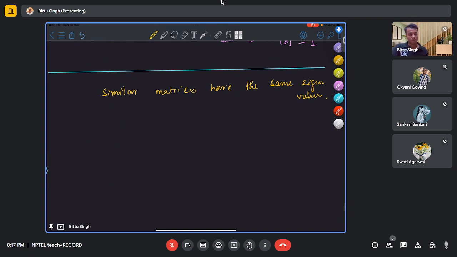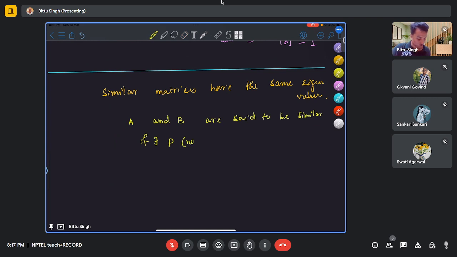So what is the definition of a similar matrix? A and B are said to be similar if there exists a non-singular matrix P, where P is n by n. We are considering n by n matrices; A, B are both n by n.